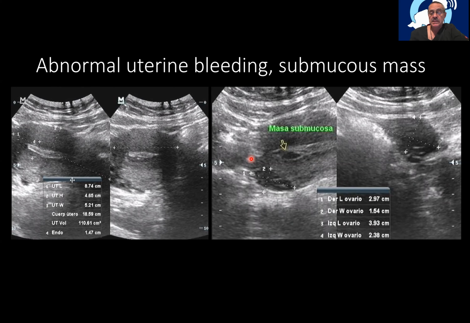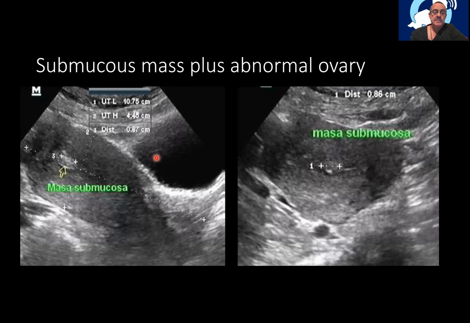This is another case of a submucous mass. See the endometrial lining mass inside. It's like here. This is another submucous mass.